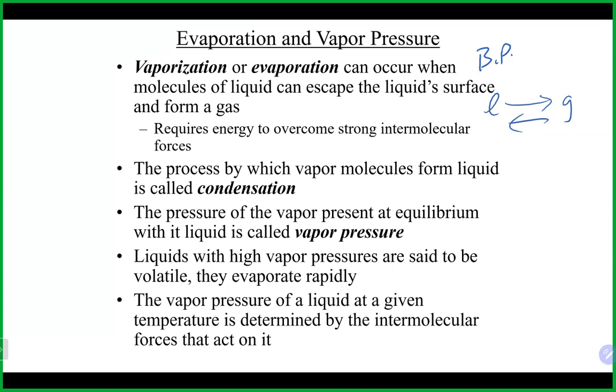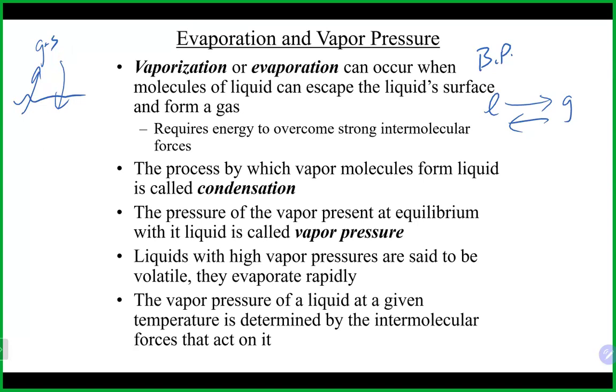Really, at any surface of any liquid, you have both of these things happening. So, for example, if you had a little bit of liquid at the surface, you got some fast moving liquid molecules that have enough energy when it starts to boil to jump out into the gas phase. You also have some slow moving gas molecules going back into the liquid phase at the surface of any liquid.